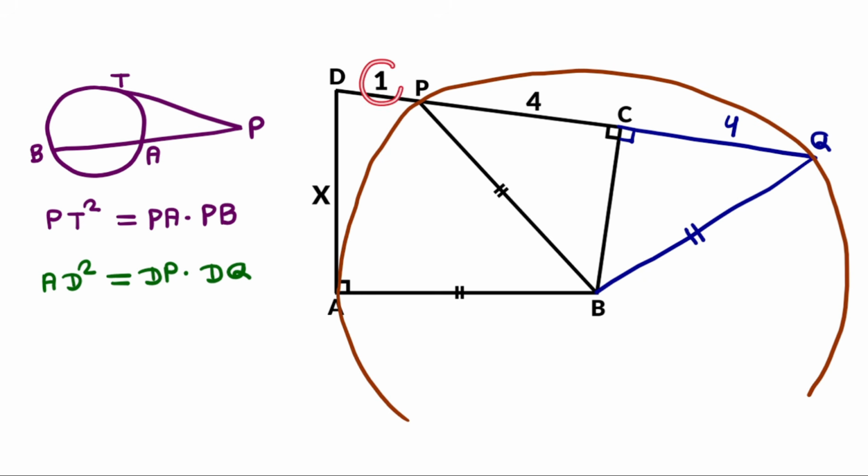DP equals 1 and DQ equals 1 plus 4 plus 4, which equals 9. Therefore, x squared equals 1 times 9. So, x squared equals 9. And once again, x equals 3.